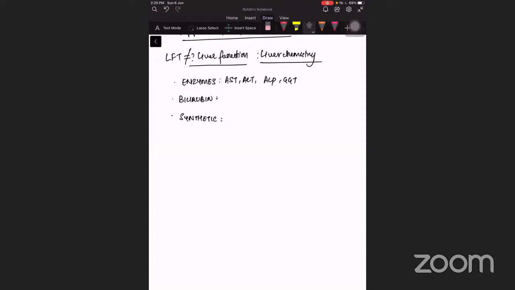Apart from that, we are going to get bilirubin handling. So mainly we look at the total bilirubin as well as the direct bilirubin. From that we derive the indirect bilirubin or the unconjugated bilirubin.